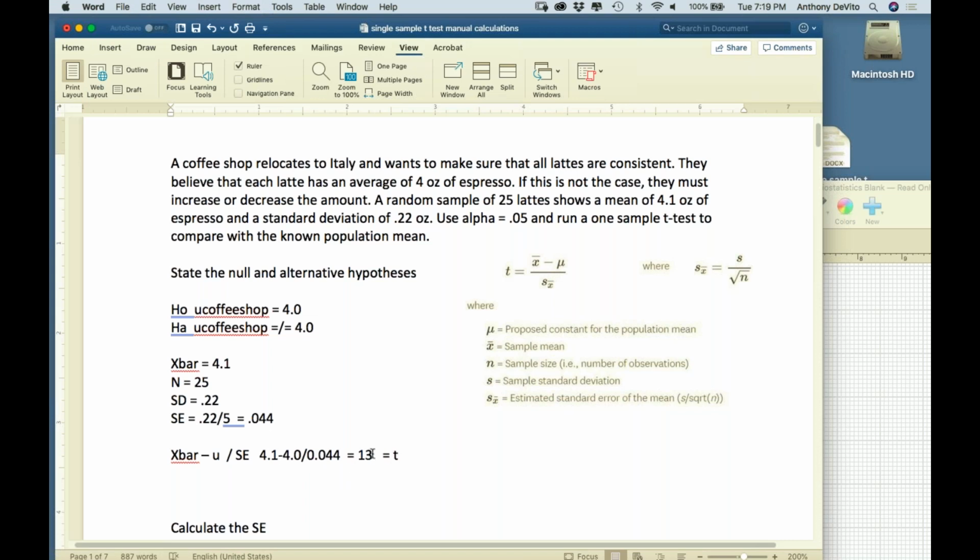Can somebody calculate that for me? That's going to be 2 point something, right? 0.1 divided by 0.044. I'm sorry? 2.27? Okay, 2.27.